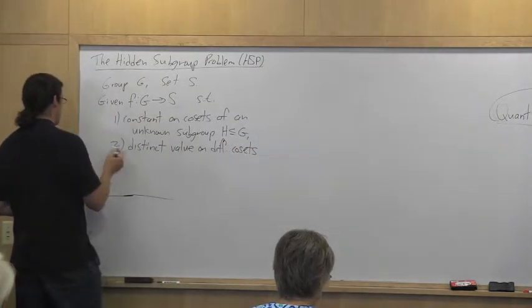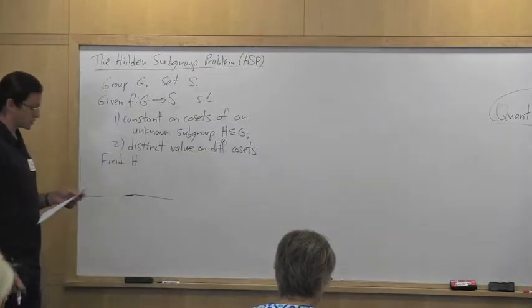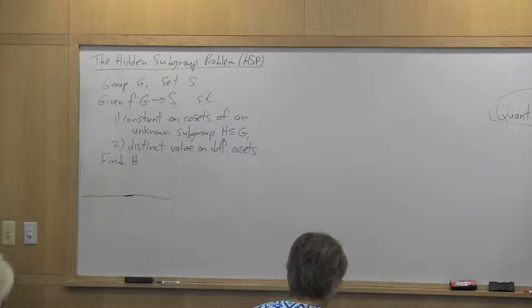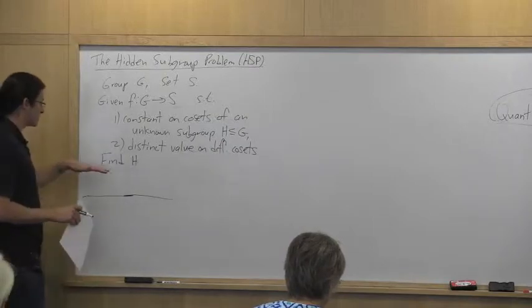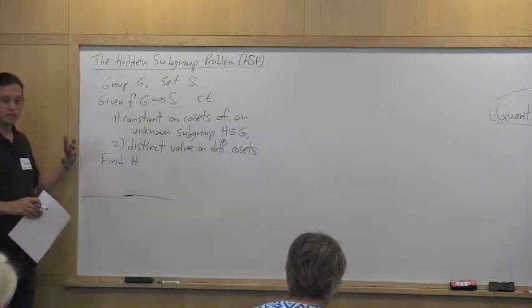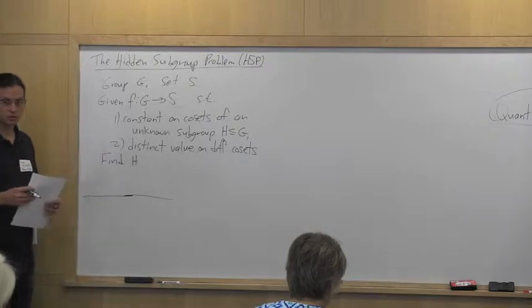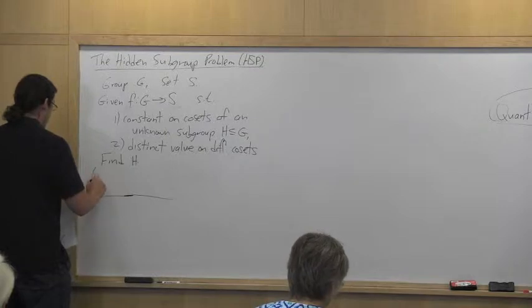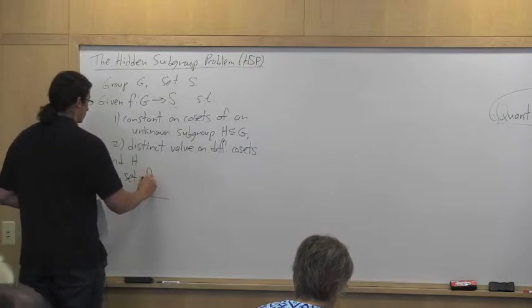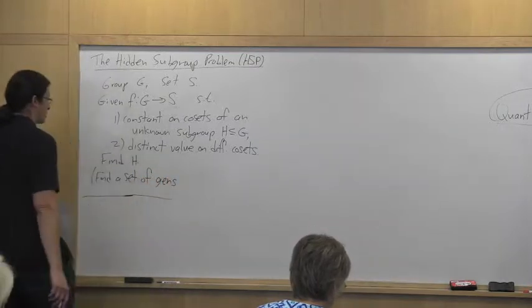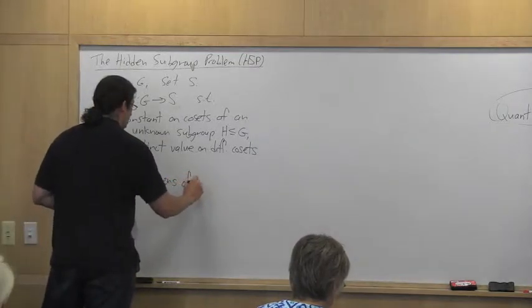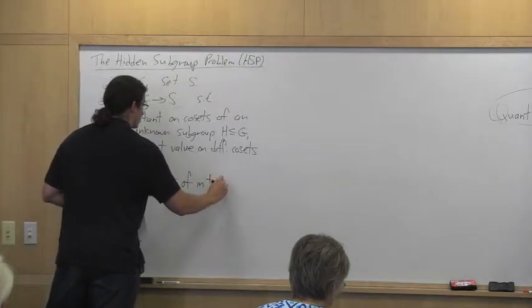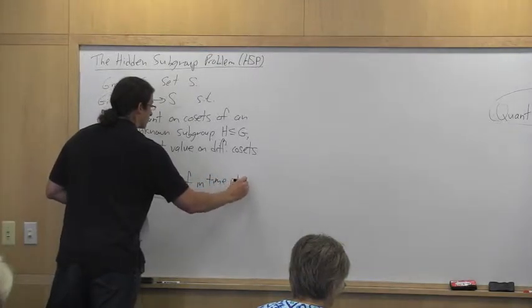And the goal is to find H. Okay. So what this means, in terms of running time, is we want to find a set of generators for H in time poly of log G.